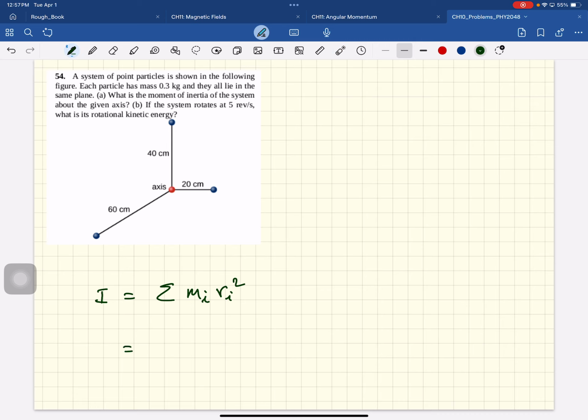So the masses are the same, so it's M times the sum of ri squared. Each particle has that mass.